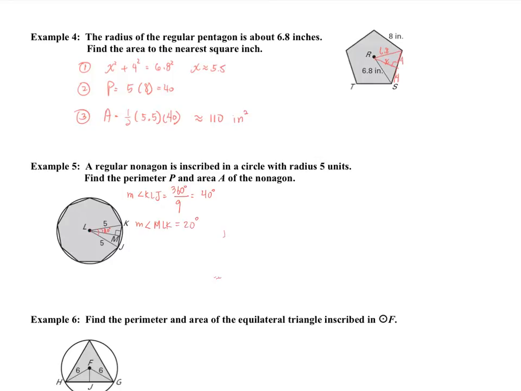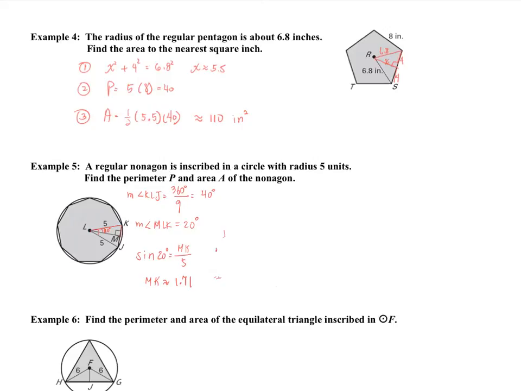Then I'm going to use sine. Sine 20 degrees equals opposite over hypotenuse. So MK over 5. And using your calculator, MK should be about 1.71.